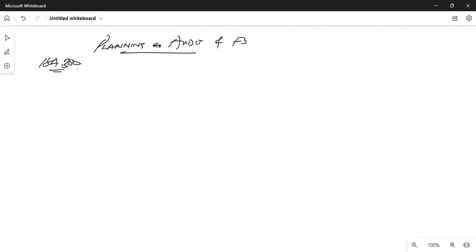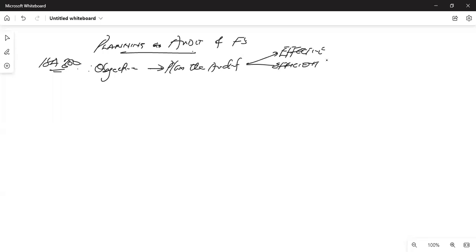And it says that the objective of the auditor is to plan the audit. Why are we planning the audit? We are planning the audit so that we can carry out the audit in an effective and efficient manner. Because without planning, you have no direction. So that is why we need to plan.